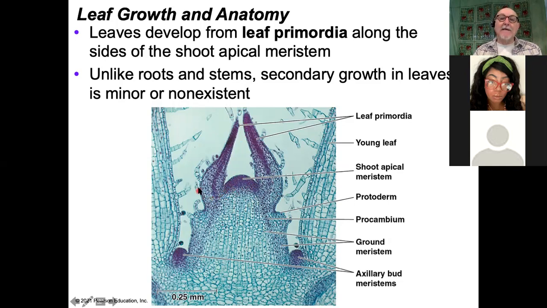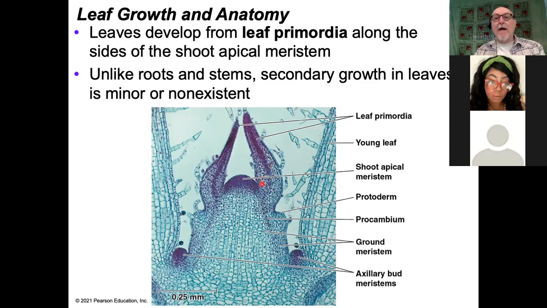But right behind it here, there is this meristematic tissue, which is rapidly dividing and will soon start to specialize and produce the leaf anatomy. They don't look like leaves at all. They're the nascent leaf, and we call them the leaf primordia.